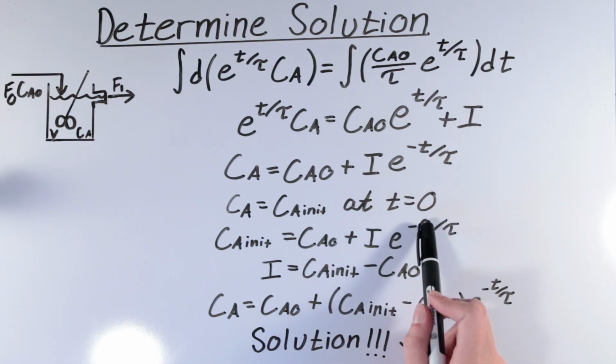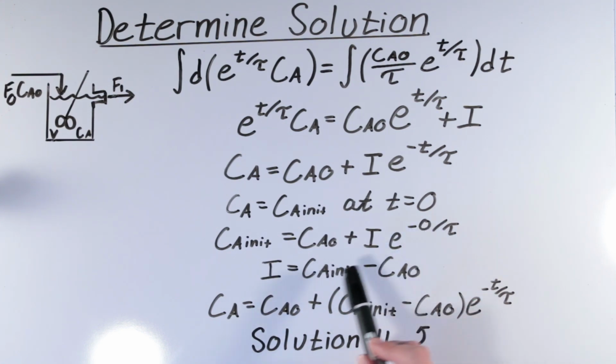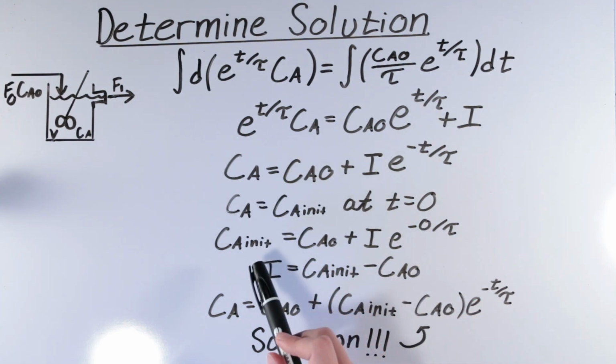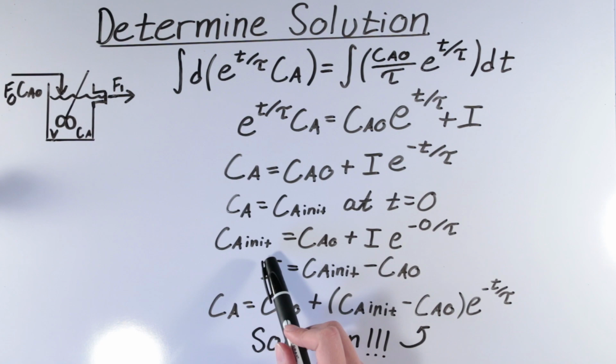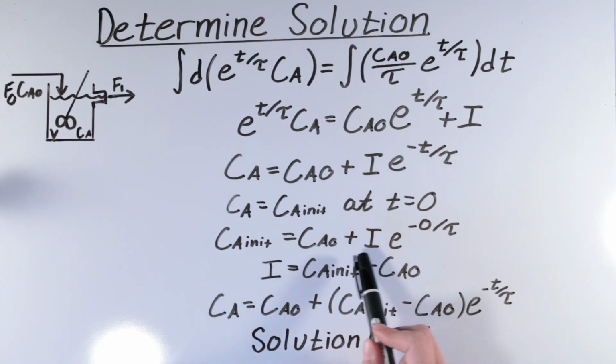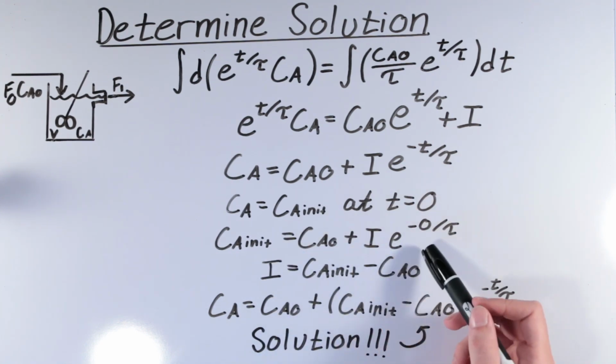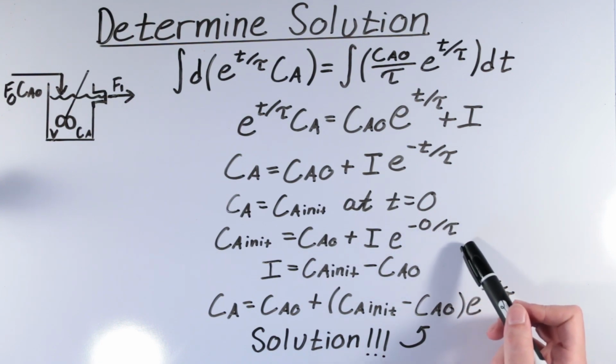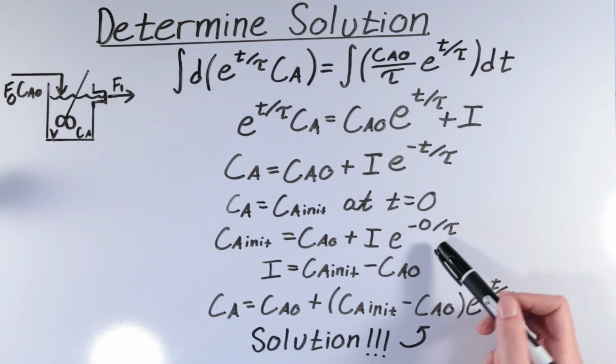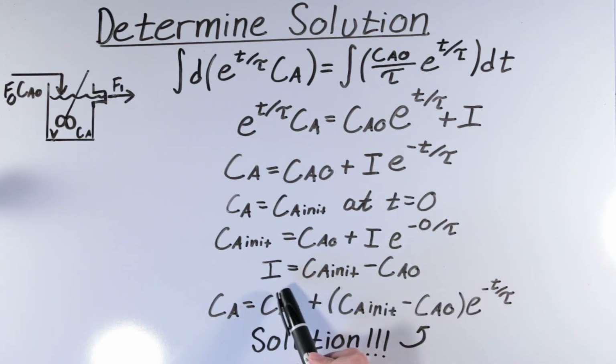This was stated in the problem statement. So setting C_A equal to the concentration of A initially equals C_A0 plus the constant of integration times e to the negative 0 over tau, because it's at time equals 0, we can solve and say that I is equal to C_A init minus C_A0.